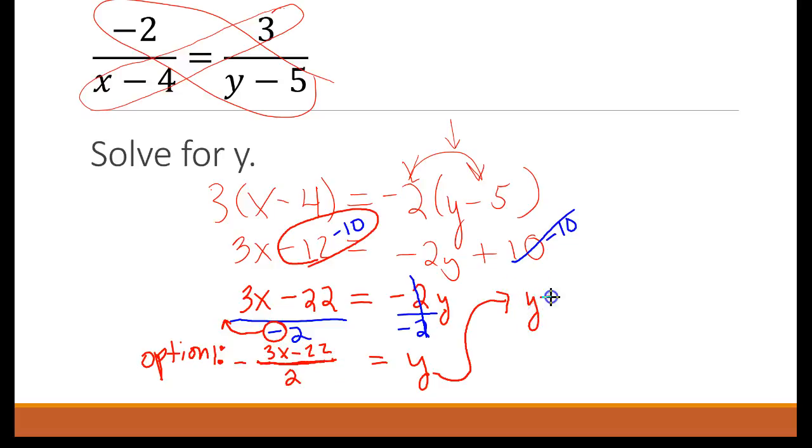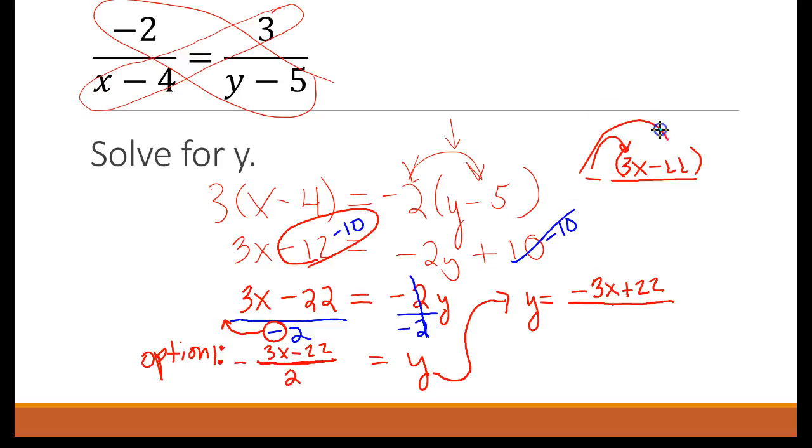Or you could write, if you move that negative completely in the numerator, it does affect all of the signs after. Alright, so that's 3x, and it will change that negative 22 to a positive 22, because it's like saying negative, put a parenthesis. It's best to put a parenthesis there, right?